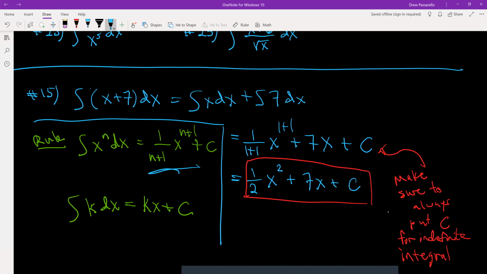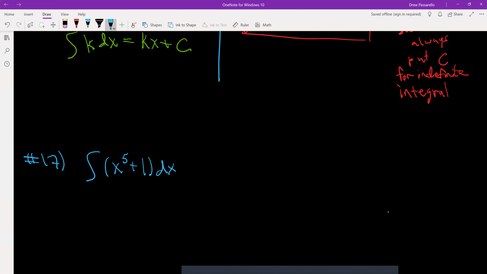I'm going to skip this step, and for instance I would jump from here to here because we know we integrate each piece. It's just a matter of applying the rules. So I'm going to skip that in-between step since we know we got to integrate the x to the 5 piece, and then we got to integrate 1.